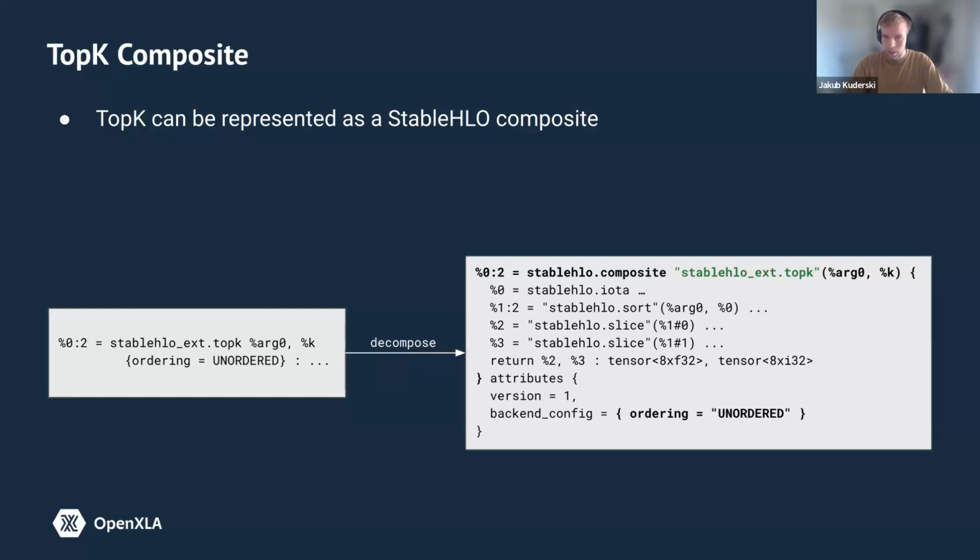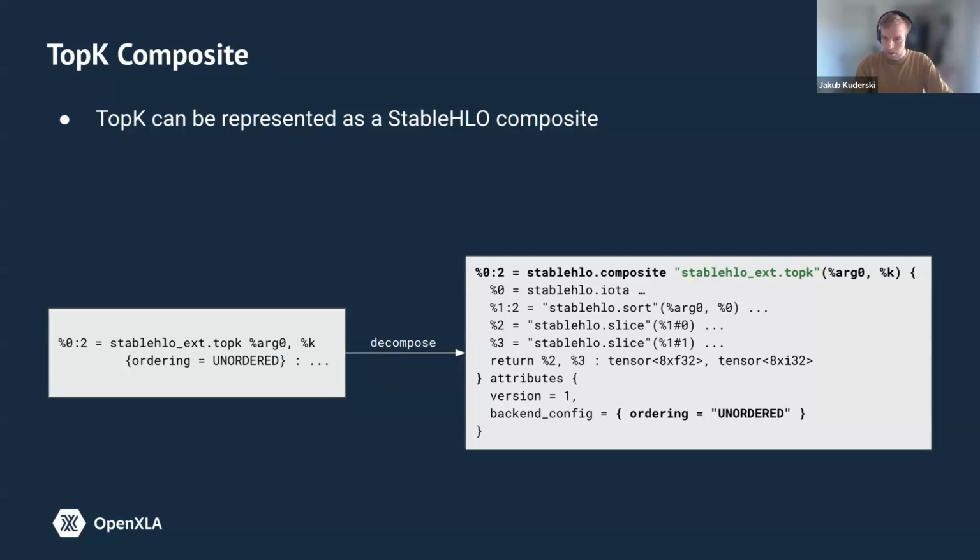And in the section with attributes, we can see that we can also preserve the information about ordering. Here, for example, the original op was unordered, and the backend config has ordering also as unordered to reflect that. But the implementation is still naive.